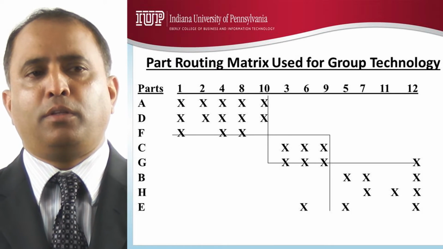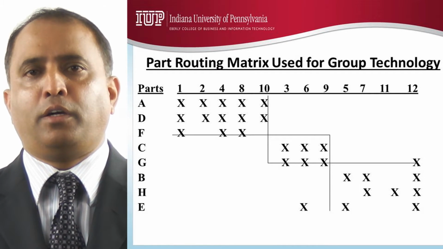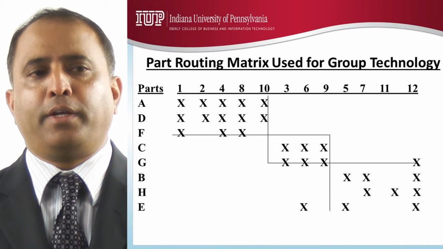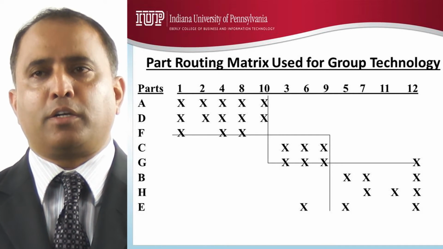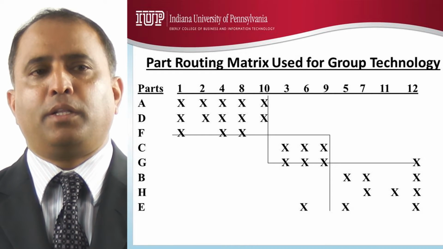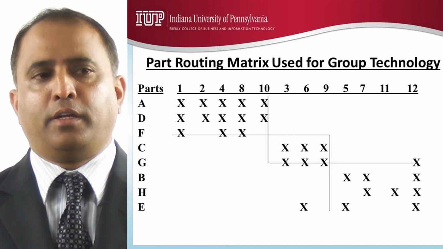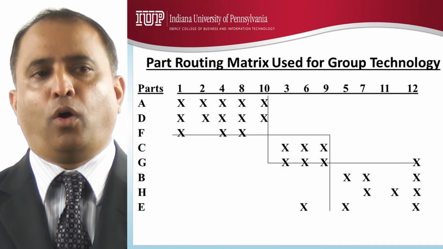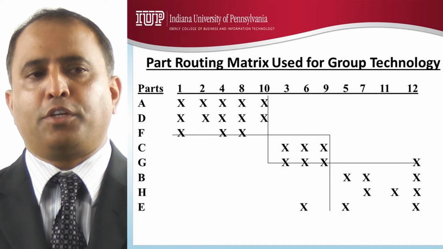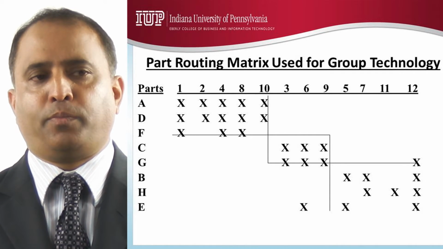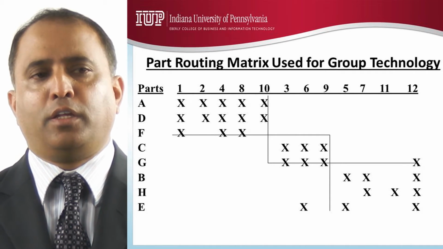So look at the simple picture here. It is exactly the same as this, but now what have we done? We have grouped the parts that require similar machines. Now look at this: A, D, and F. They all require a combination of 1, 2, 4, 8, and 10, these machines. Look at C and G. They both require 3, 6, and 9.